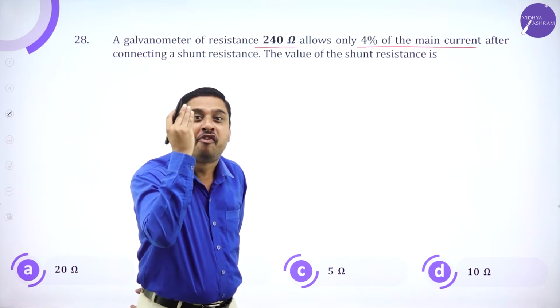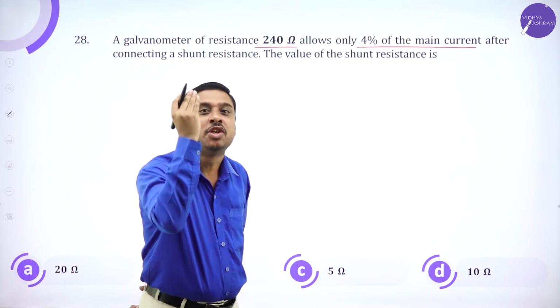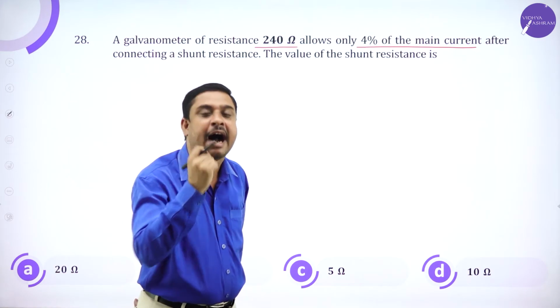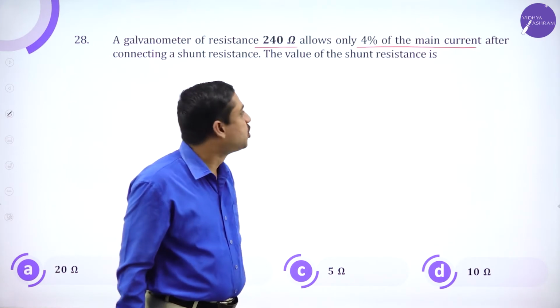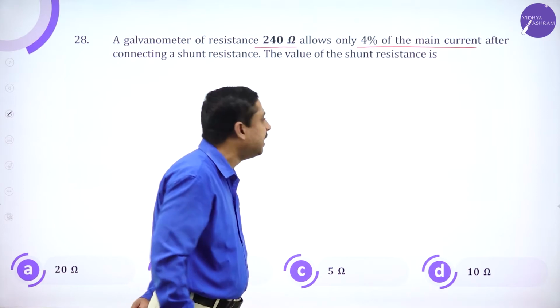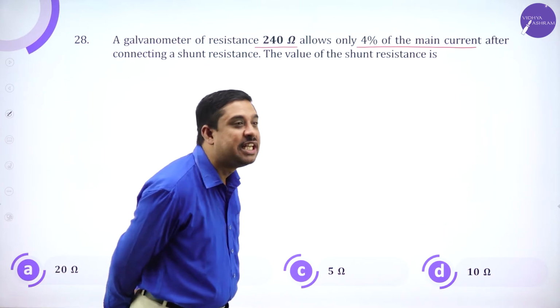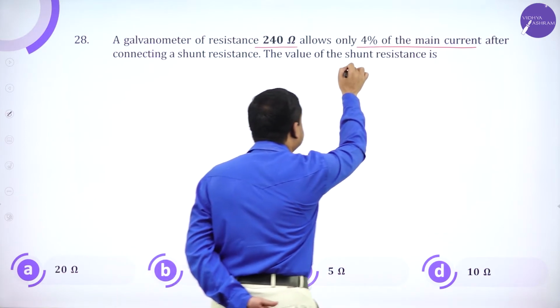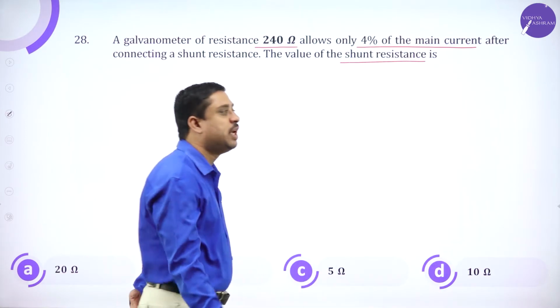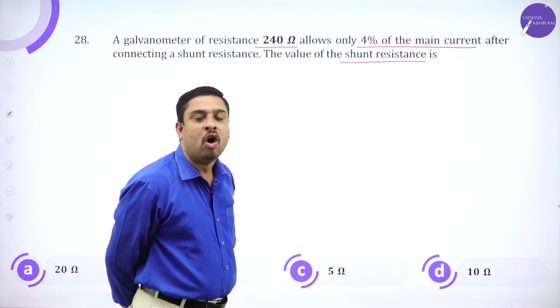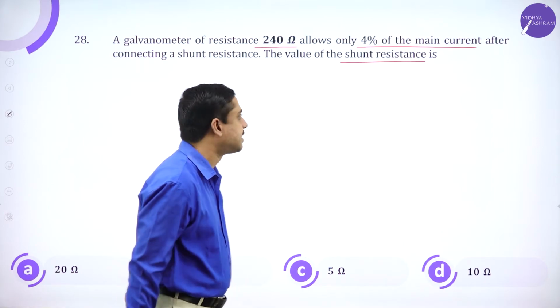Only 4% of the main current is flowing through the galvanometer. Then what is the value of the shunt resistance? I have to calculate the value of this shunt resistance.